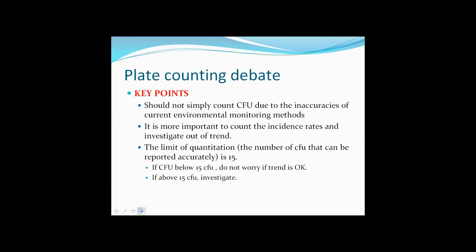And a number of MHRA and Irish Medicines Board inspectors that I've spoken to have expressed concerns about this.